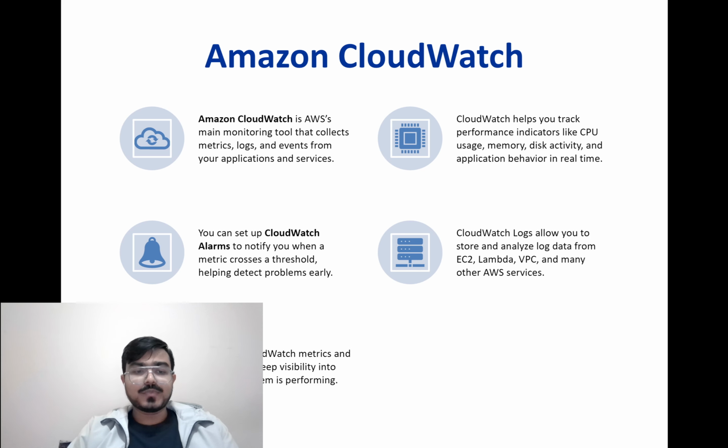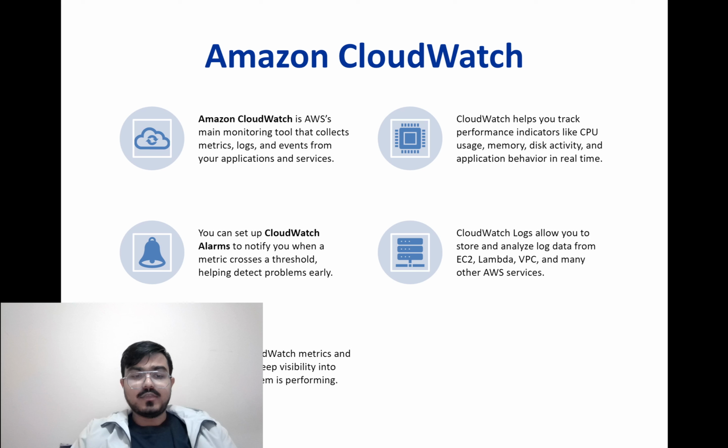Amazon CloudWatch. So CloudWatch collects metrics, logs, and events from almost every AWS service. So these metrics can show things like CPU usage, memory usage, disk performance, and how your applications are behaving. So you can also set CloudWatch alarms that notify you whenever something crosses a threshold.